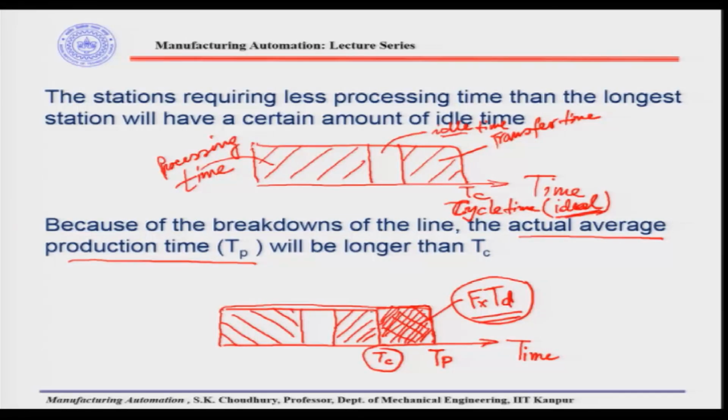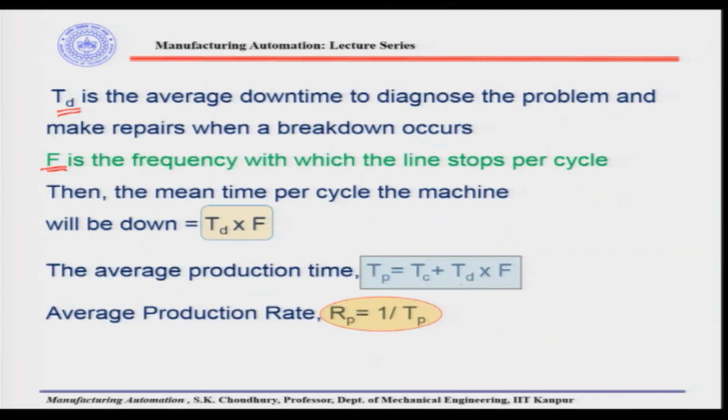So, this is the time which we have to consider in the Tc, so that we get the actual average production time, what we actually get, not the maximum one. This Tp, that is the actual average production time, will be more than the ideal cycle time by the F into Td, where Td is the average downtime to diagnose the problem and make repairs when a breakdown occurs.